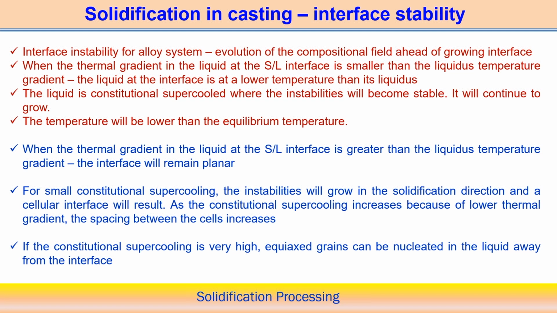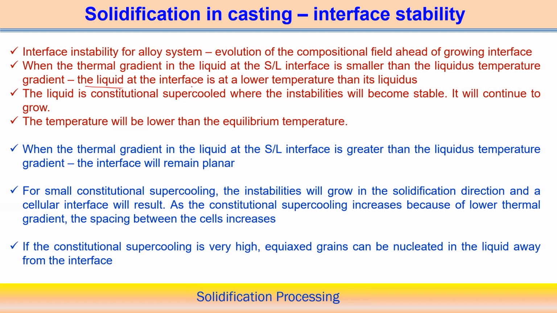When the thermal gradient in the liquid at the solid liquid interface is smaller than the liquidus temperature gradient, that condition creates a more stable situation. In that case the liquid at the interface is at a lower temperature than its liquidus temperature.